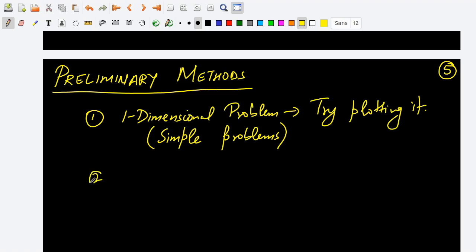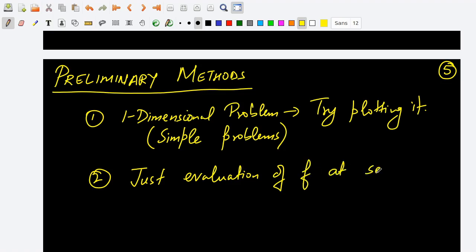The second approach, again, which is quite practical but may not always work, is to just evaluate the function at several different points and pick the best.